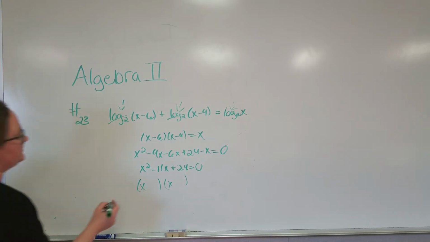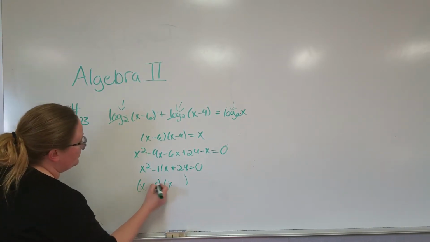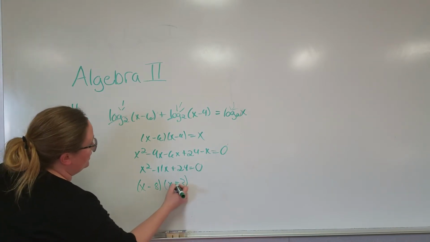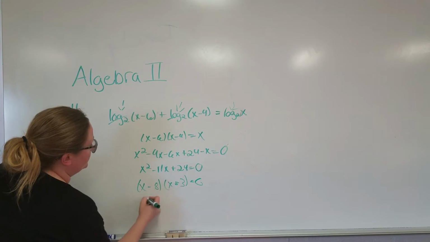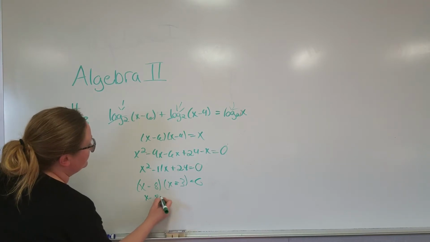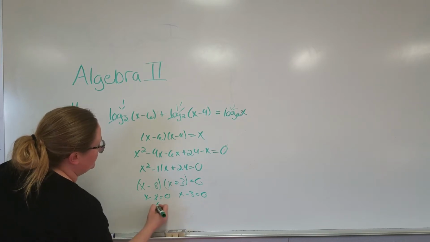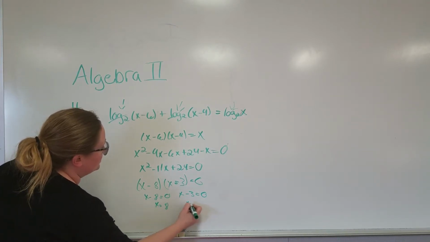It's a negative and a positive, so they're both negative, equals 0. So it says x minus 8 equals 0, or x minus 3 equals 0. So x would equal 8, and x equals 3.